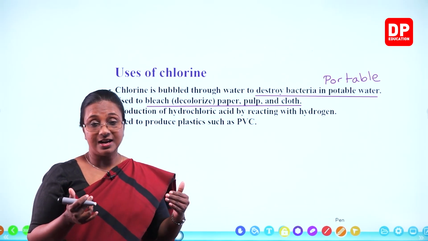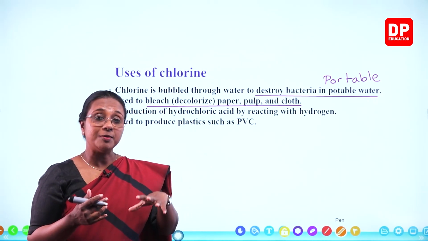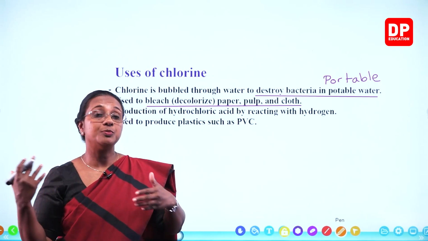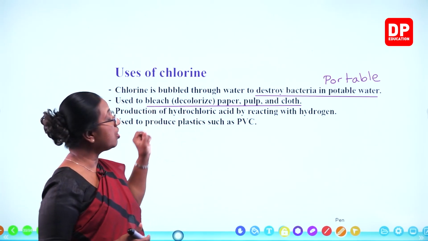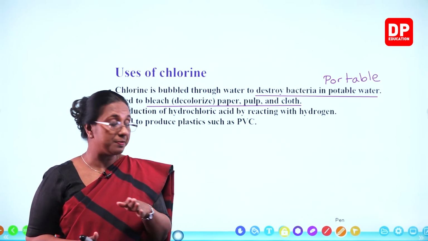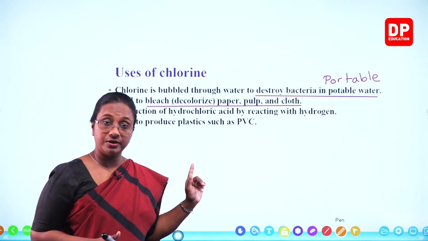So, to get that color, the substance that is used to make paper is somewhat colored. So, that color has to be removed. That is what we say as decolorizing or bleaching. So, during manufacture of paper, we need to decolorize it. For that, we use chlorine.